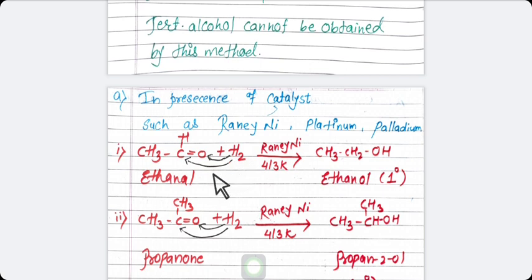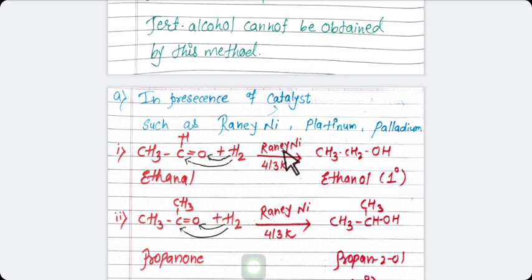So just see, I am taking here ethanal, means acetaldehyde. Common name of ethanal is acetaldehyde, which undergoes reduction, means addition of hydrogen. Two hydrogens are there. One is attached with the oxygen atom and another is attached with the carbon atom. So you will get CH3CH2OH, ethanol, 1 degree, means primary alcohol.